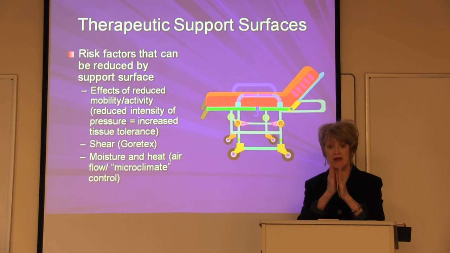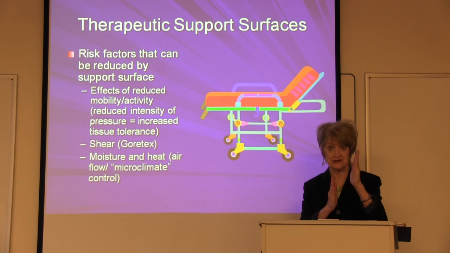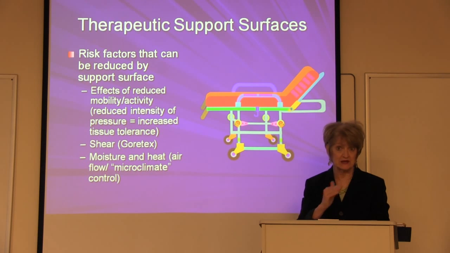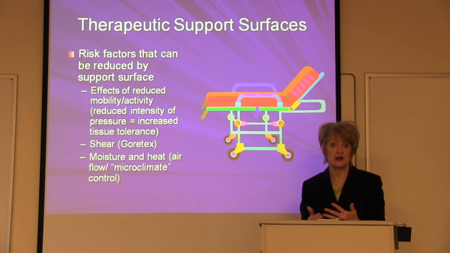When you have a patient on a standard surface, the skin tends to stick to the sheets. Gravity pulls you down, the fat gets sheared in between, and the vessels passing through the fat layer get kinked or torn, resulting in major tissue damage.